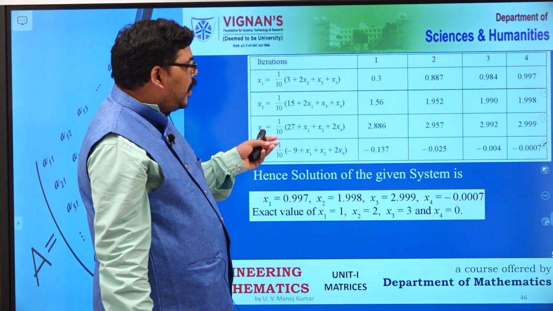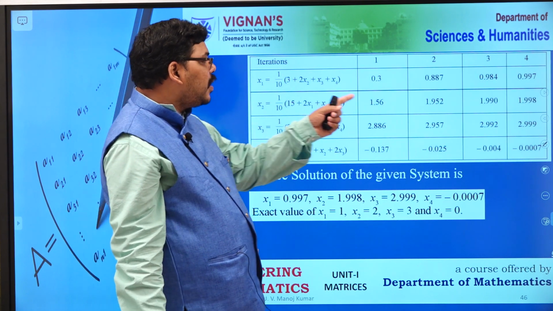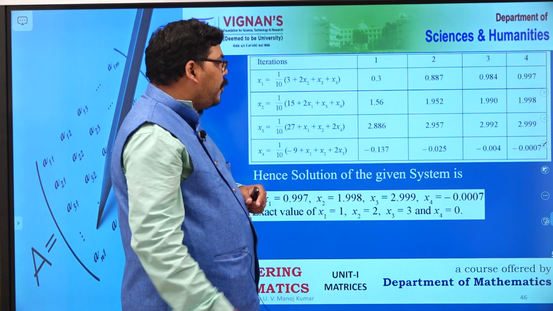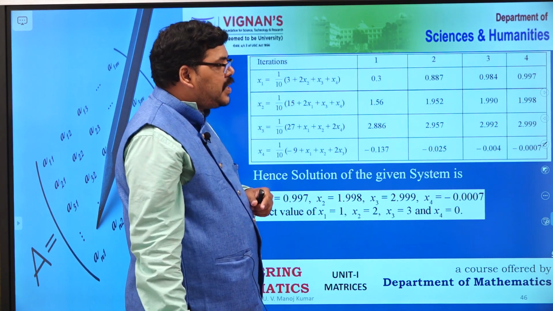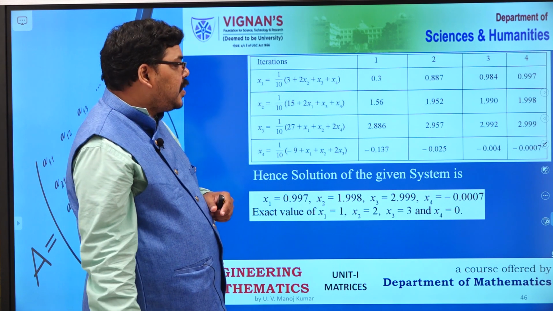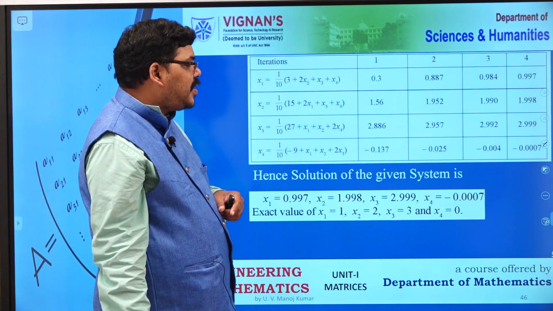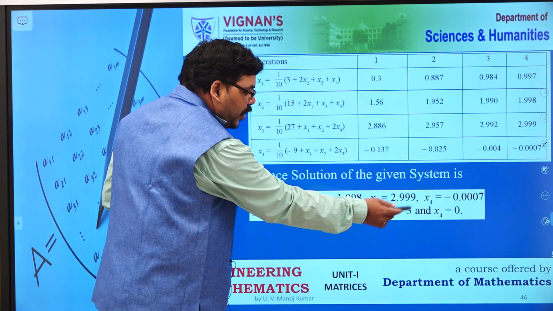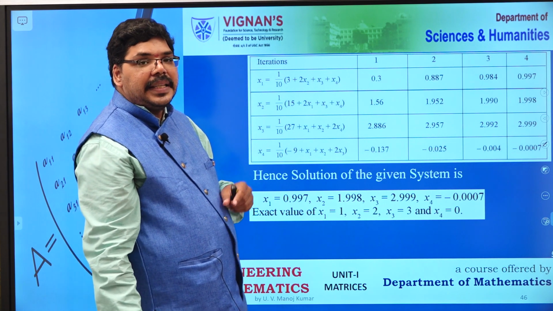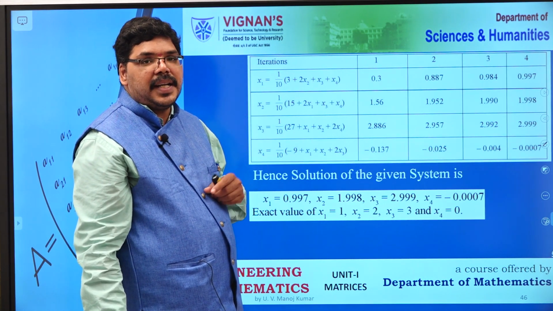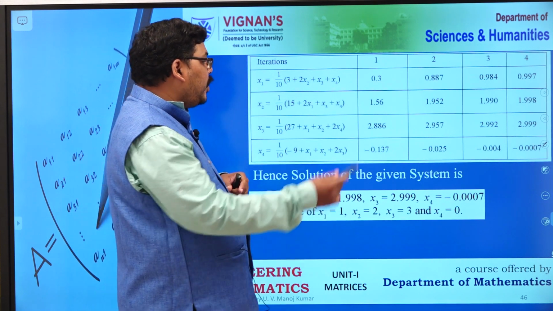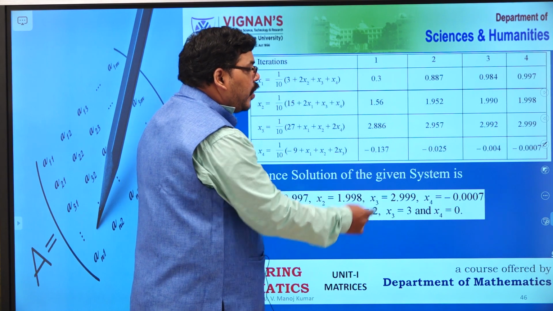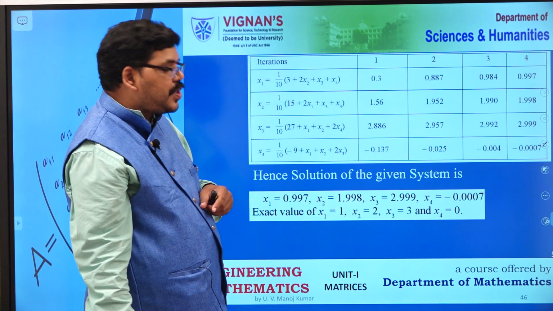If you observe the pattern of the roots, you can see that x1 value is reaching 1, x2 value is reaching 2, x3 value is reaching 3 and x4 value is reaching 0. So the exact values of the solutions are 1, 2, 3 and 0, whereas the approximate Gauss Seidel method values at the fourth iteration are 0.997, 1.998, 2.999, minus 0.007.